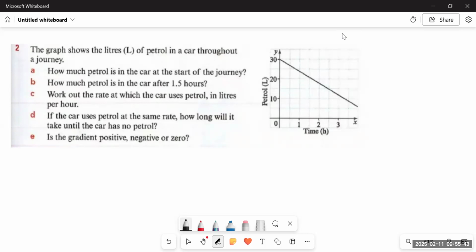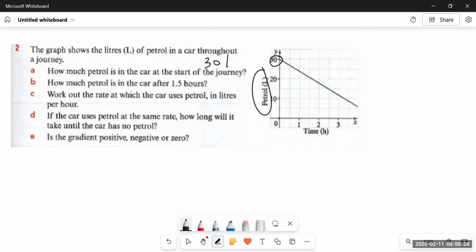So first we have to find out how much petrol is in the car at the start of the journey. To find that out, we will look at the origin, and at the origin we are going to read out the quantity of petrol in liters, which is 30. It means at the start of the journey, there was 30 liters of petrol in the car.